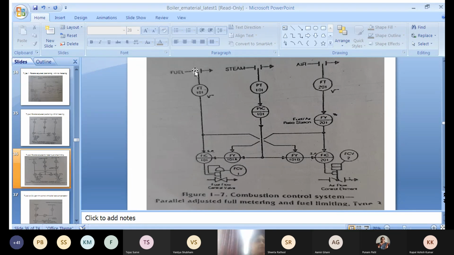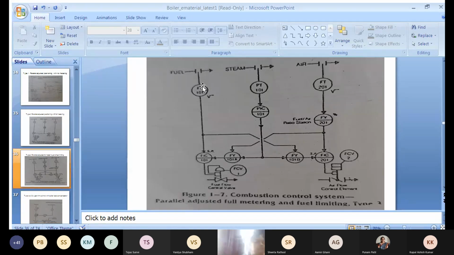Similarly, if the fuel supply is more, unnecessarily fuel will go into the furnace first, which may cause a hazard, it may create an accident. So to avoid that, the chamber must be evacuated with air first before fuel enters.